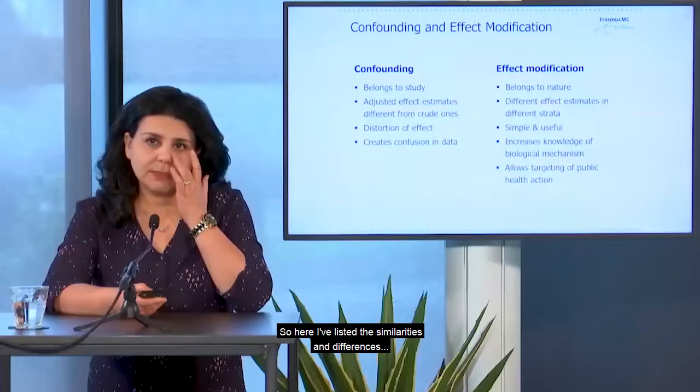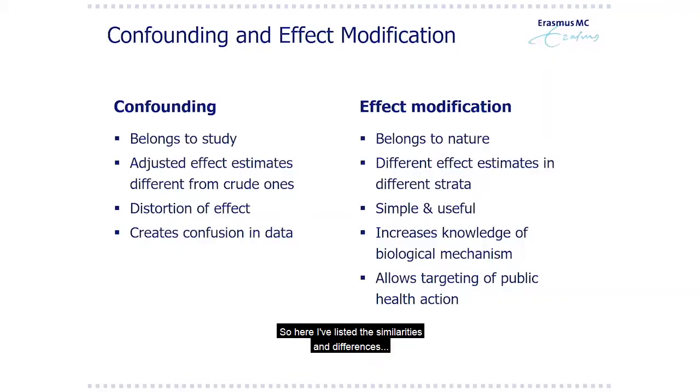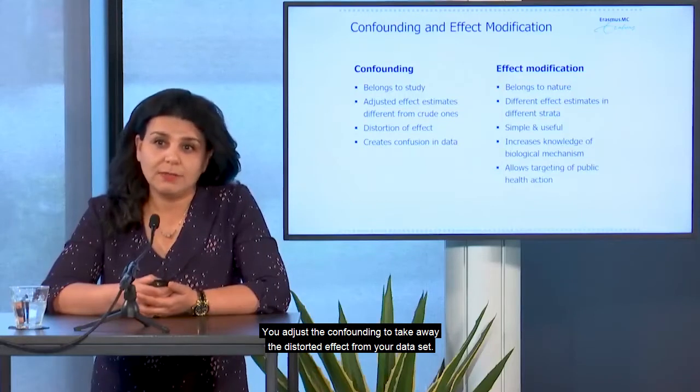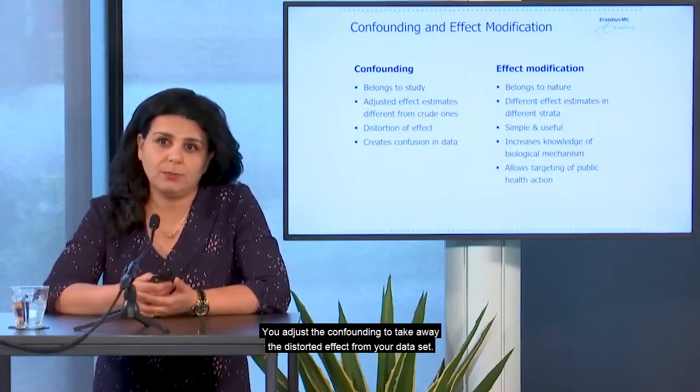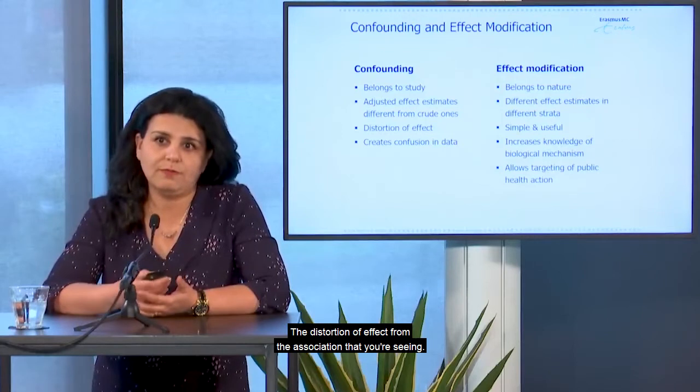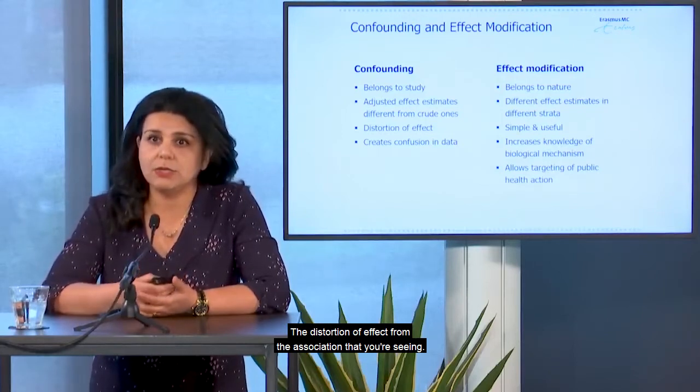So here I've listed the similarities and differences between confounding and effect modification, and why effect modification can be interesting. Effect modification is what we say belongs to the nature, whereas confounding belongs to your own study. You adjust the confounding to take away this distorted effect from your data set, or the distortion of effect from the association that you're seeing.